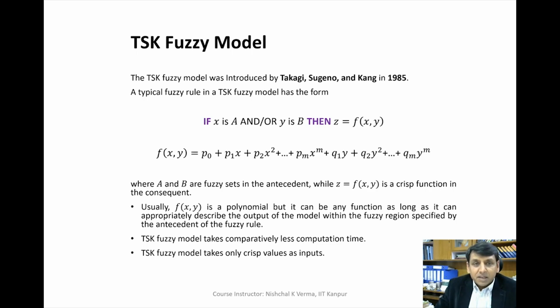A typical fuzzy rule in a TSK fuzzy model has the form: if x is A, and then we have some connective, either and or or, and then the next antecedent, y is B. So here we have the premise and then we have the consequent.